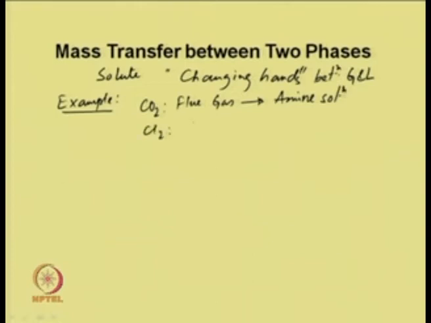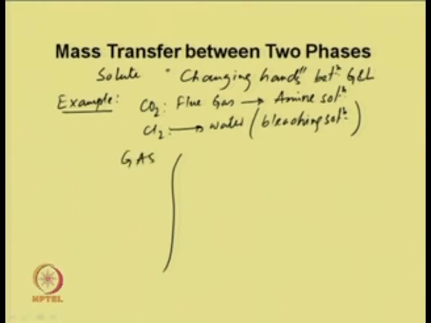Chlorine forms a bleaching solution with water. So, in this case, there is absorption of a solute into the liquid or desorption of a particular component from the liquid.